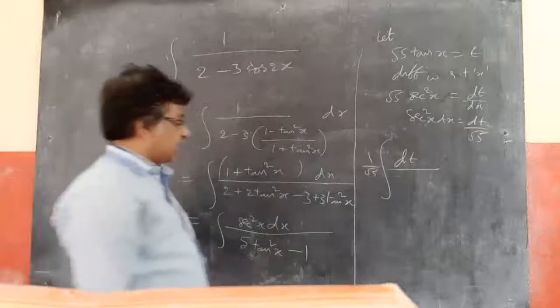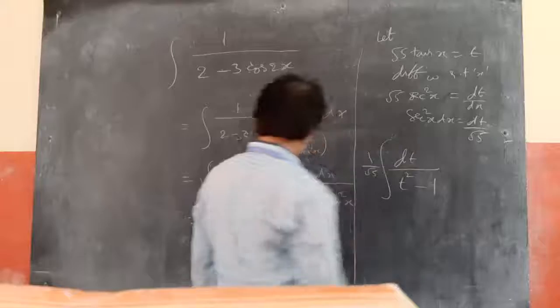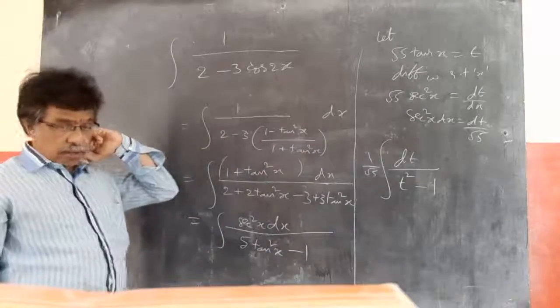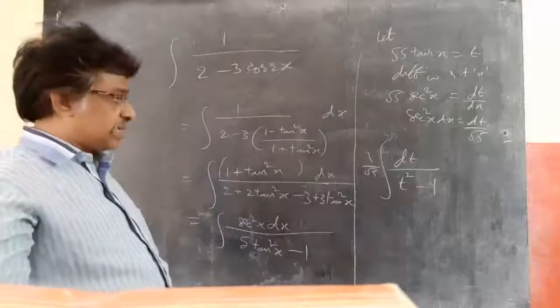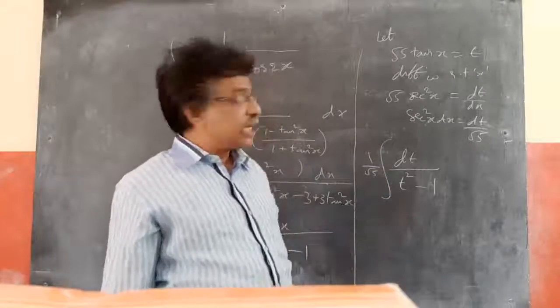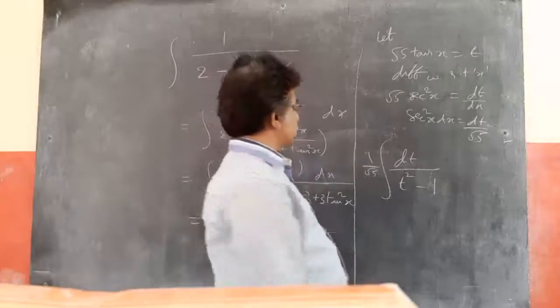this is root 5 tan x whole square, means t square minus 1. Now 1 by x square minus a square you can write two types. This is tan h inverse x you can write, or 1 by 2a log mod a plus x by a minus x.